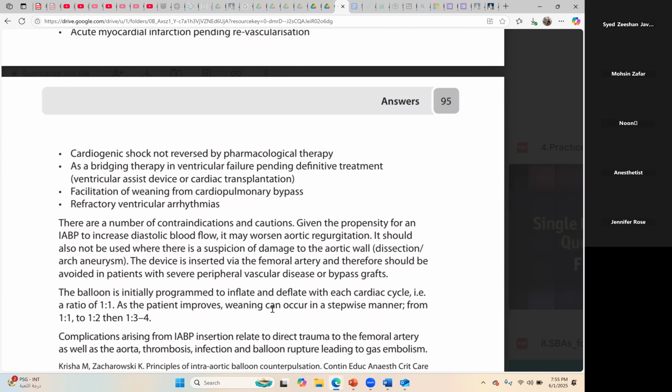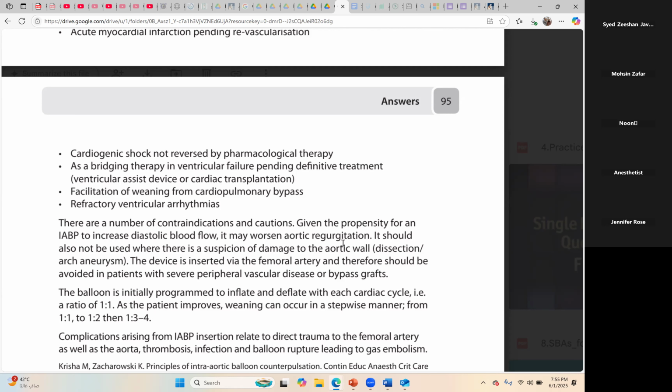As the patient improves, weaning can occur in a stepwise manner from 1:1 to 1:2 and then 1:3 to 1:4. That is, one assisted beat for every three contractions, I think that's what they do. There are a number of contraindications and cautions given the propensity of an intra-aortic balloon pump to increase diastolic blood flow.